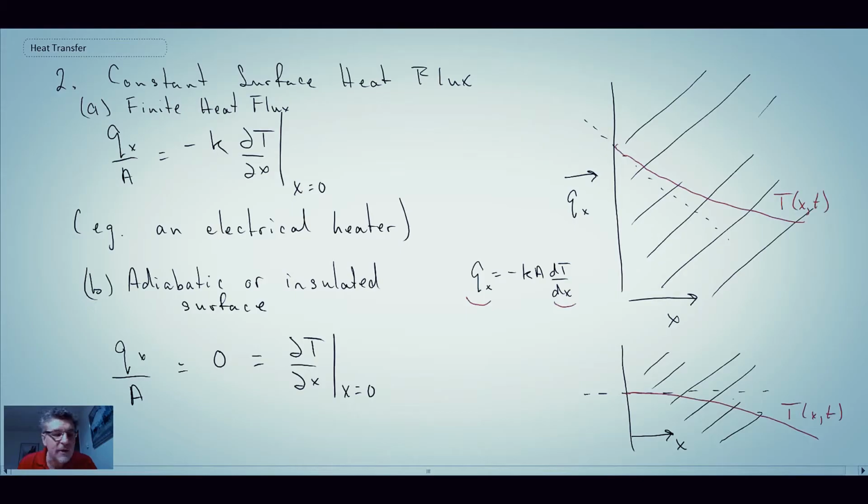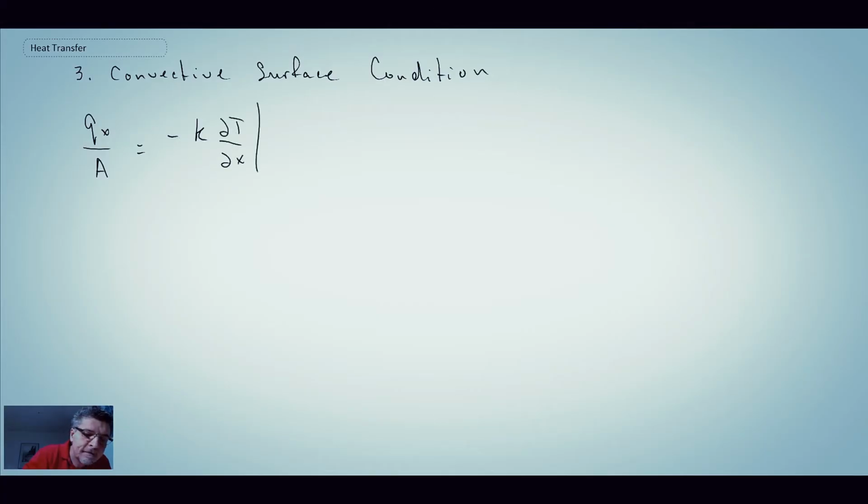The last boundary condition that we commonly look at is where you have a convective boundary condition, and so you have fluid outside of the wall, and we call that a convective surface condition. And if you have convection on the surface, from Fourier's law we know this, and then from Newton's law of cooling we can write this.